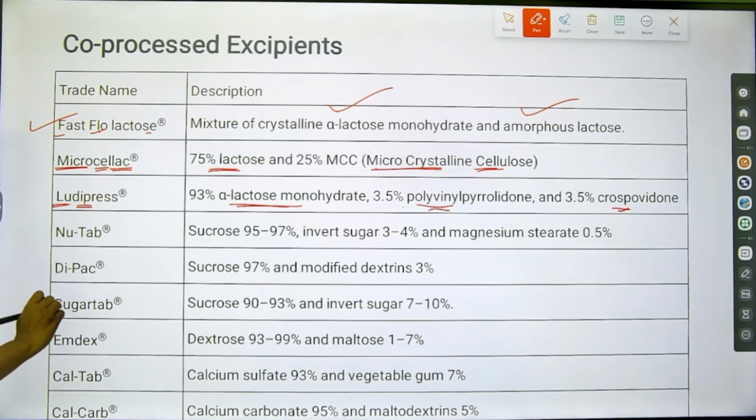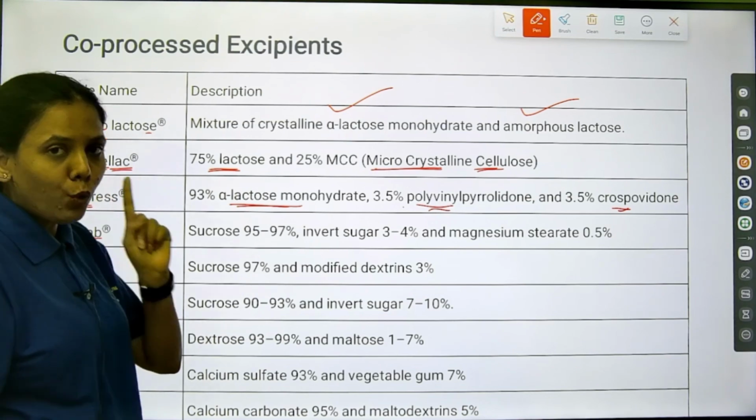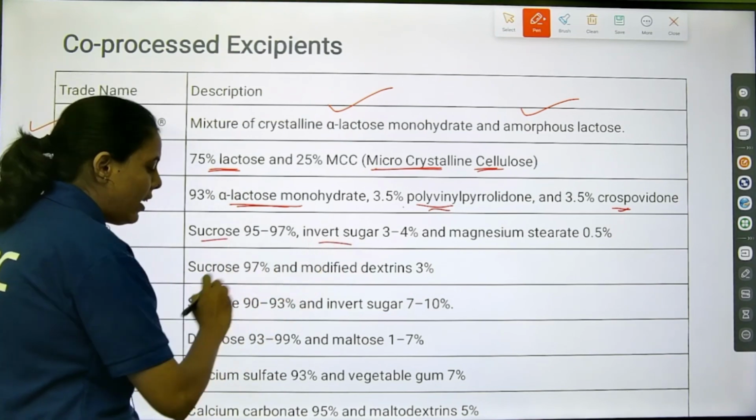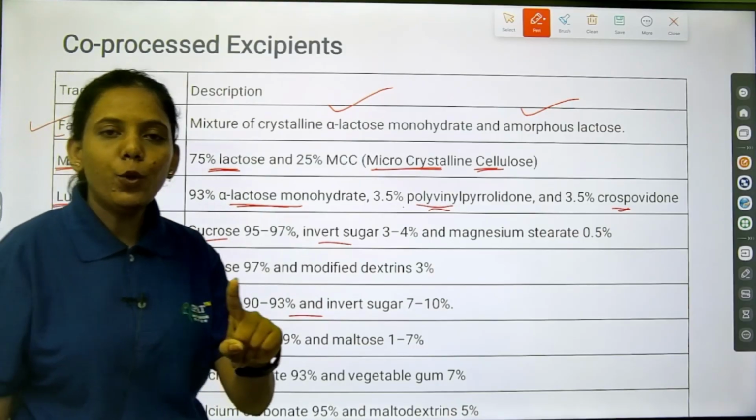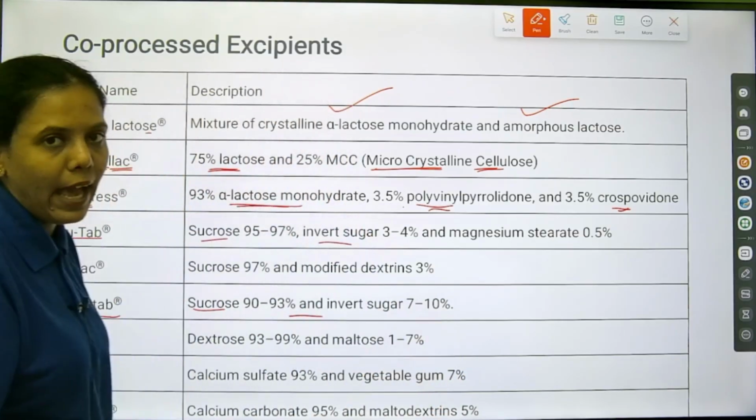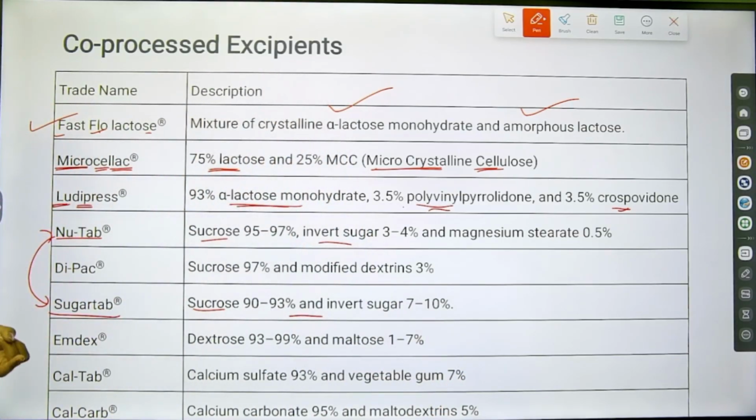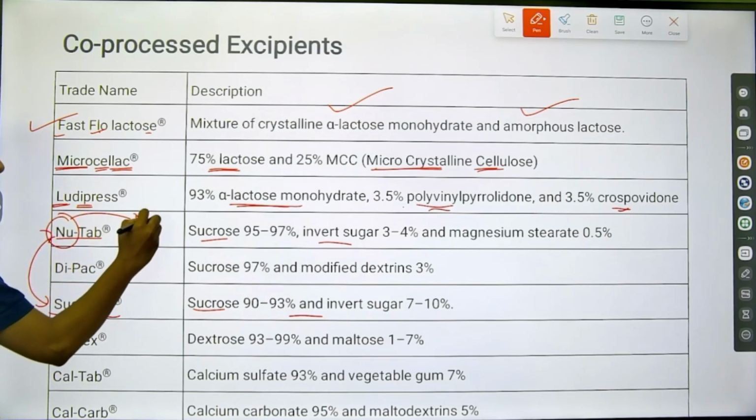Next are NuTab and SugarTab. We will remember these together. One thing to remember in NuTab and SugarTab: sucrose and invert sugar are present.